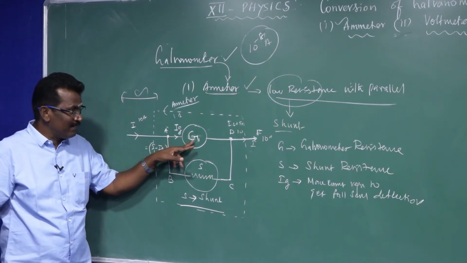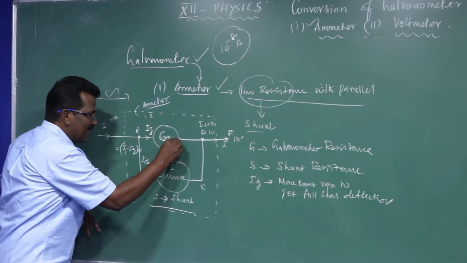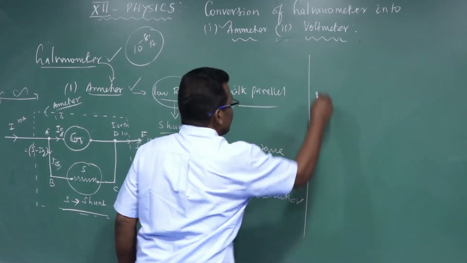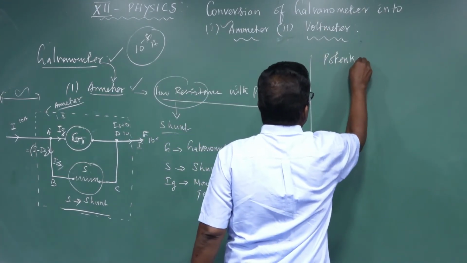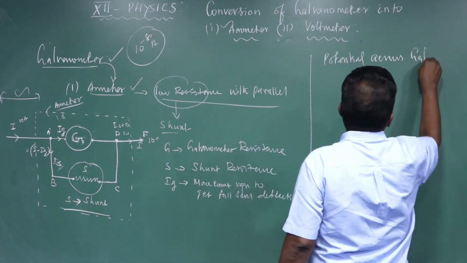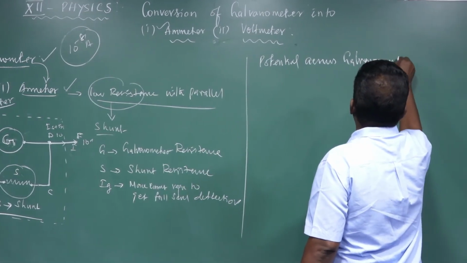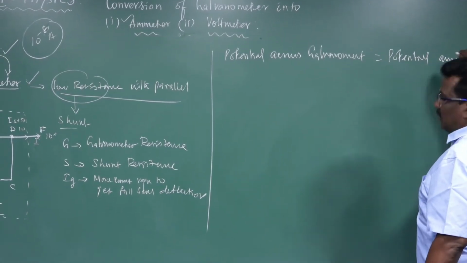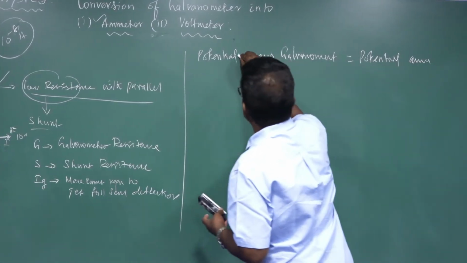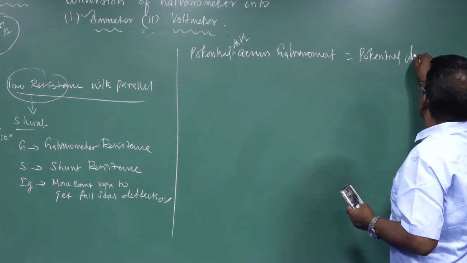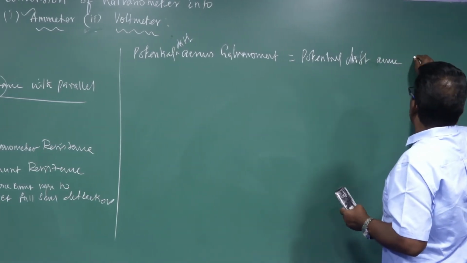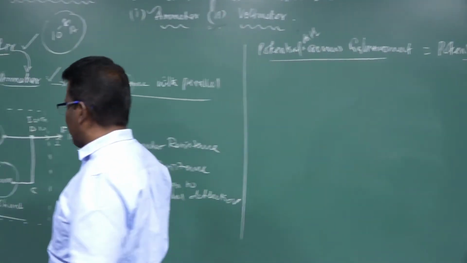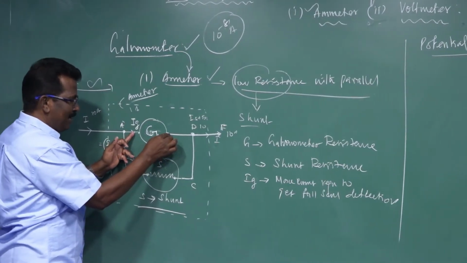But the potential across the galvanometer is equal to the potential across the shunt. Since the connection is parallel, the potential difference across the galvanometer is equal to the potential difference across the shunt.